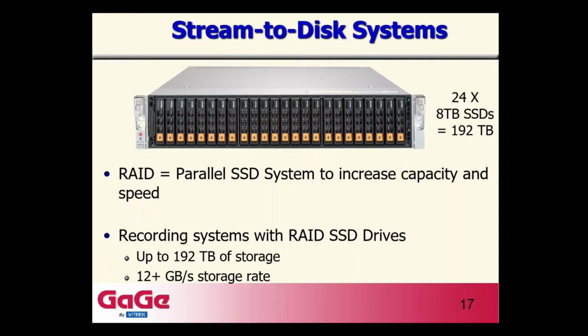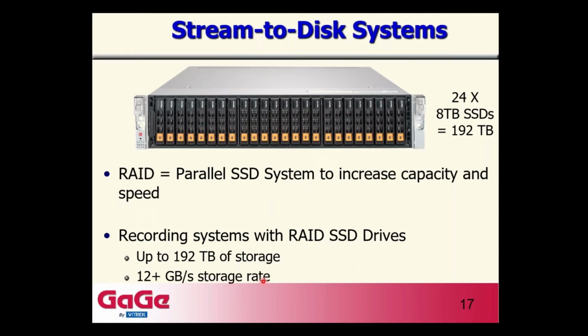So by dealing out the data like cards, the rate going into any individual hard drive is relatively slow, and you can multiply up the speed of the drive by putting them in parallel. So by having this number of drives, we've been able to achieve 192 terabytes of storage. That corresponds to at least a day, if not days, of storage, depending on what card we're talking about.